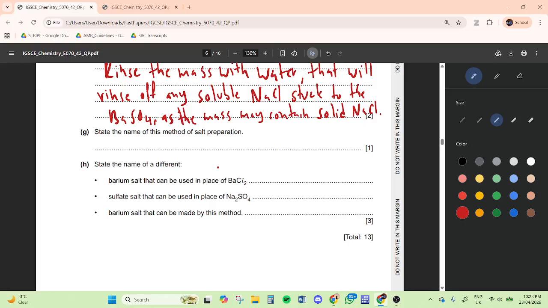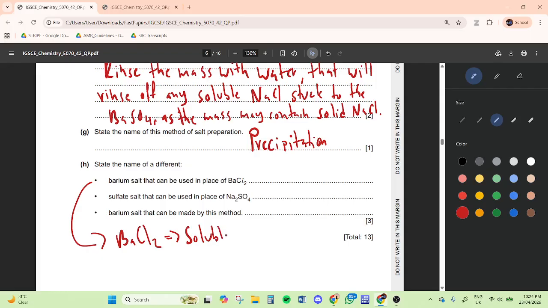So this next one is just a definition at the end of the day. When you prepare an insoluble salt from an aqueous solution, it will always be a precipitation reaction. That's one mark. State the name of a different barium salt that can be used in place of barium chloride. So barium chloride is soluble in water.